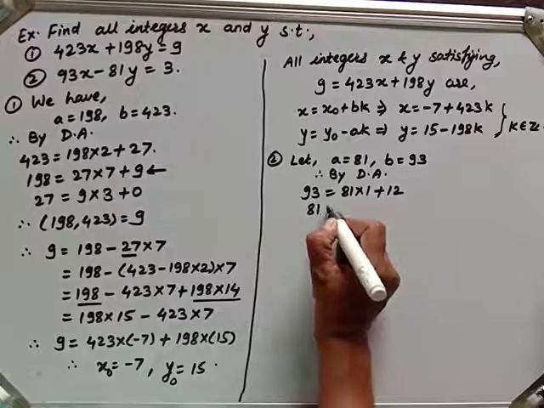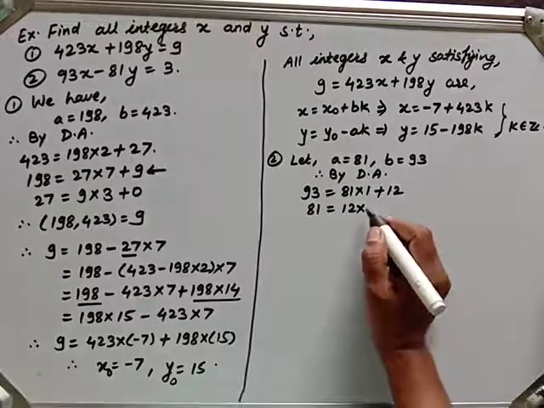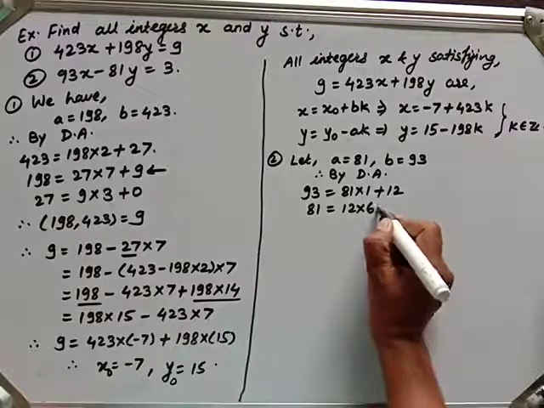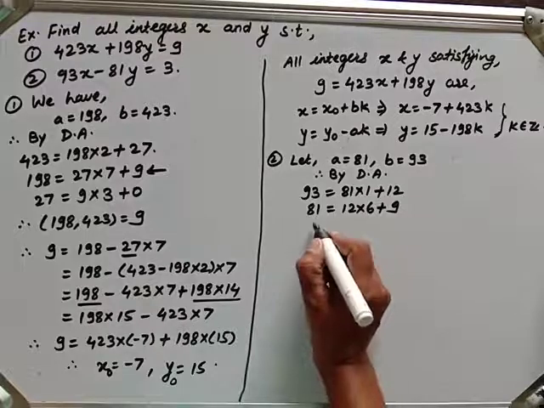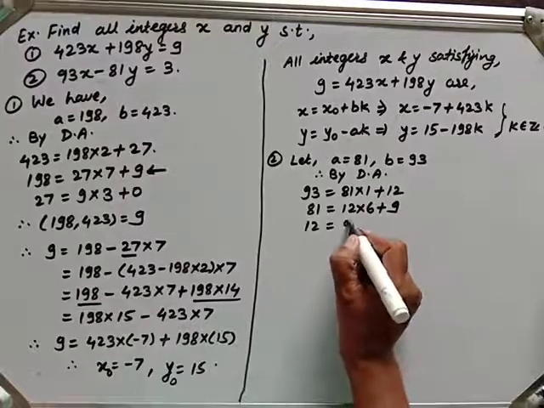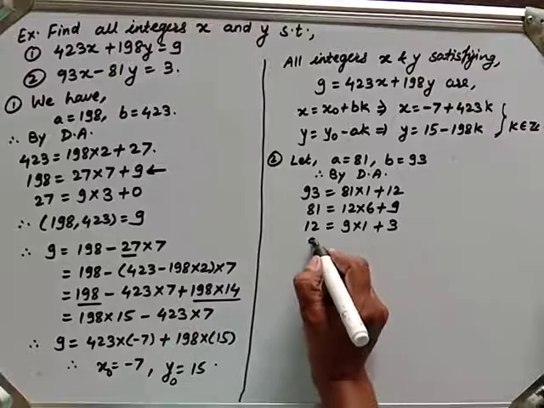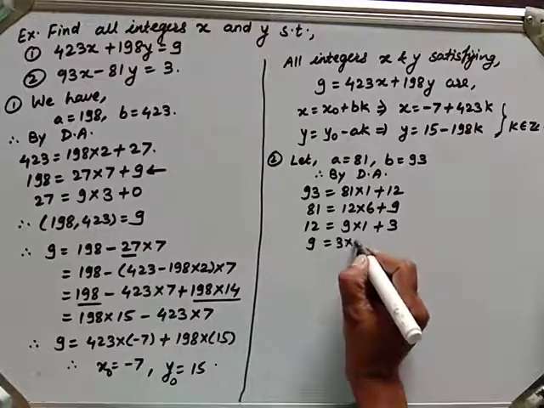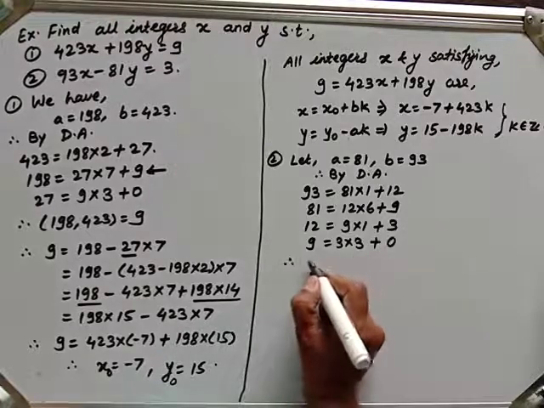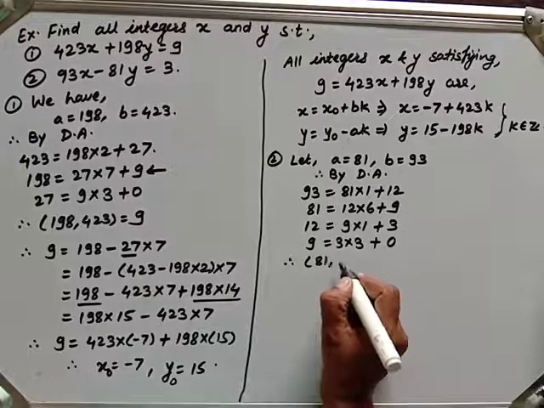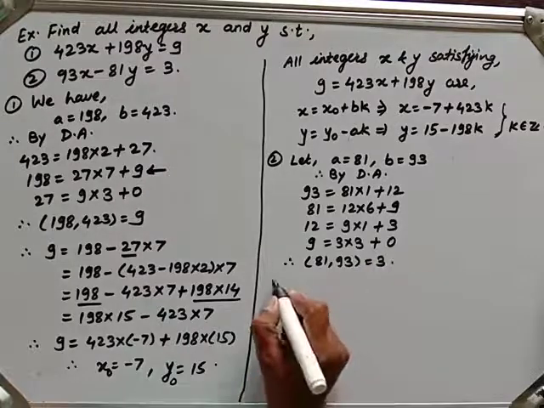Again 81 equal to 12 into 6 plus 9. Again 12 equal to 9 multiplied by 1 plus 3. So 9 equal to 3 multiplied by 3 plus 0. Means 3 is the GCD. So GCD of 81 and 93 is 3.